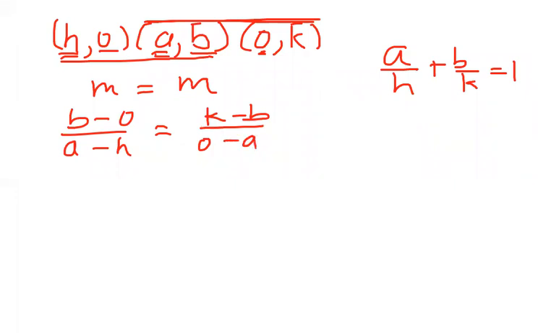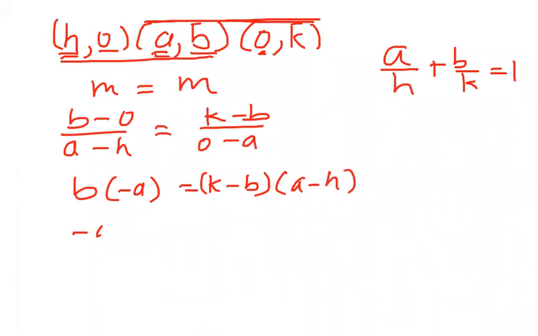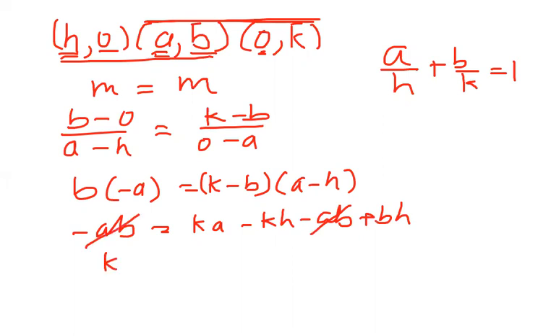With cross multiplication, b into minus a is equal to (k minus b) into (a minus h). Minus ab is equal to ka minus kh minus ab plus bh. Minus ab and minus ab cancel. kh is equal to ka plus bh.